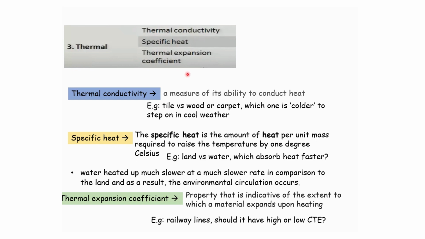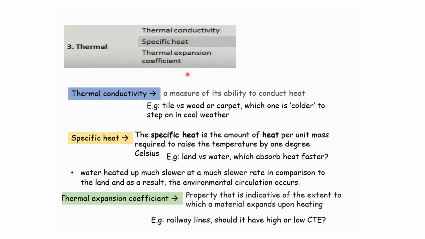For example, in a cool climate, if we compare tile versus wood or carpet, which one is colder to step on in cold weather? Of course, we find that tile is colder to step on.